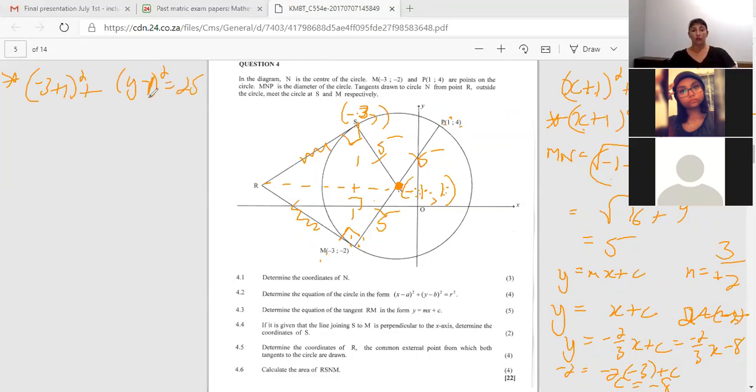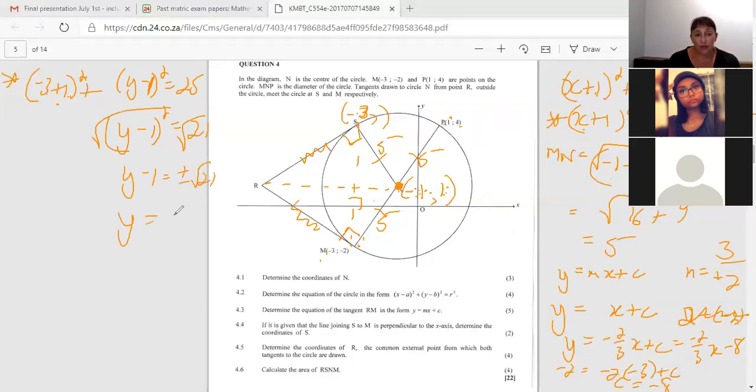Now we need to solve for y. So let's tidy this up. Minus 3 plus 1 is minus 2. Minus 2 squared is 4. If I take it over, 25 minus 4 is 21. And then I square root to get rid of the square. So y minus 1 equals plus or minus root 21.